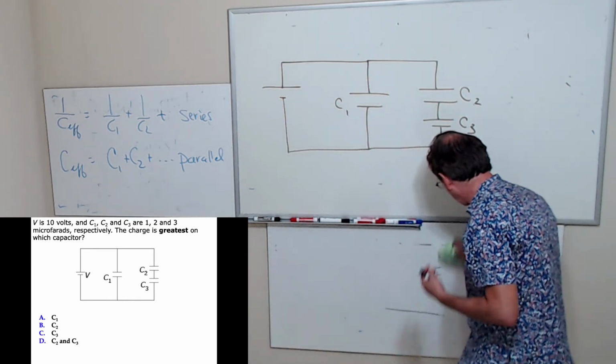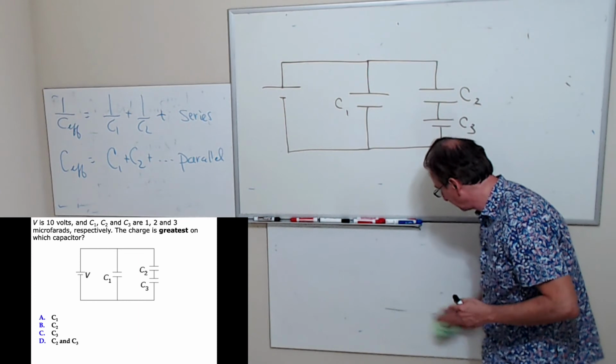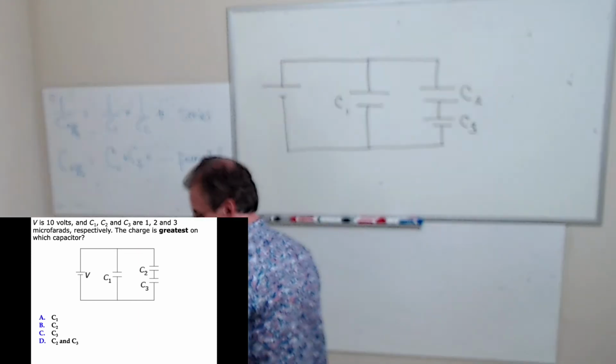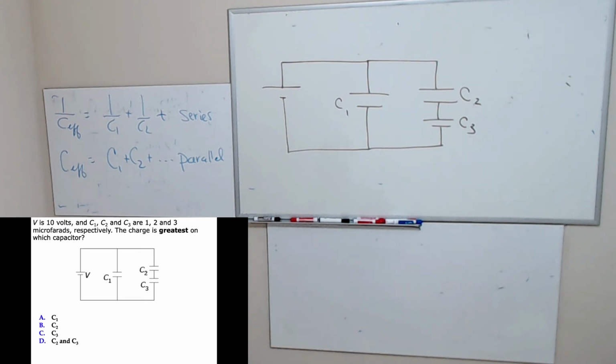One of the things I told you off the bat, I can eliminate 2 answers right off the bat. Why is that? Can anybody tell me why I can eliminate 2 answers? Yeah, C2 and C3 have the same charge.